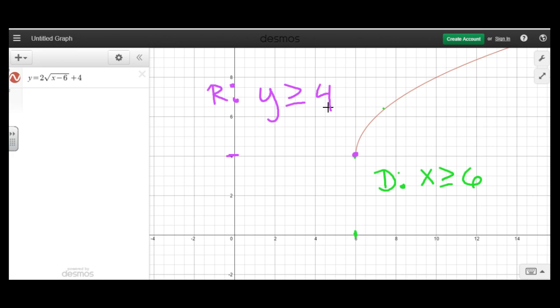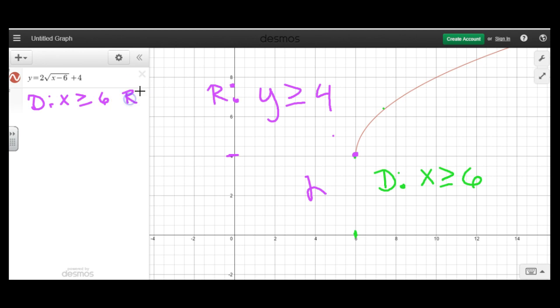So going back to our problem. I'll just write on this page instead of going back to the other because it's doing something weird for me. So we said our domain was x greater than or equal to 6.